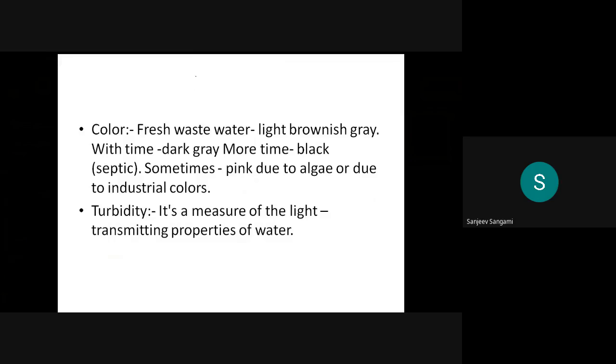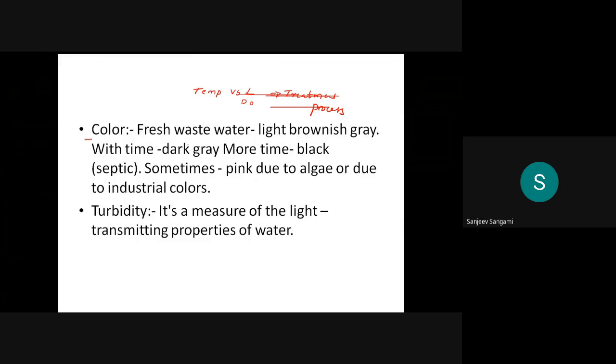We already discussed how temperature is inversely proportional to dissolved oxygen, and how it affects the treatment process. Then we'll go with the color.